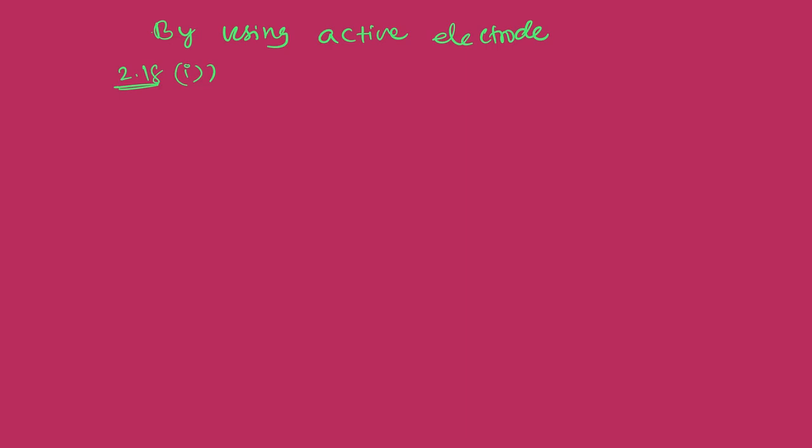What is that? Electrolysis of aqueous AgNO3 by using silver electrode. Which electrode? Silver electrode.